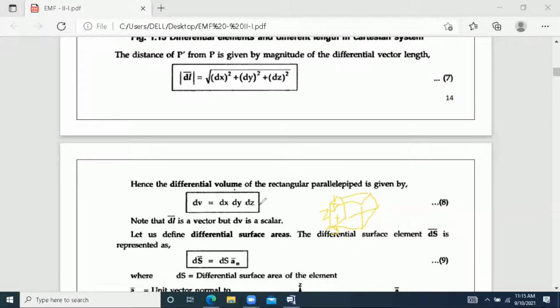Now let's look at surfaces. This surface right here, the one facing you here, is defined by y and z.